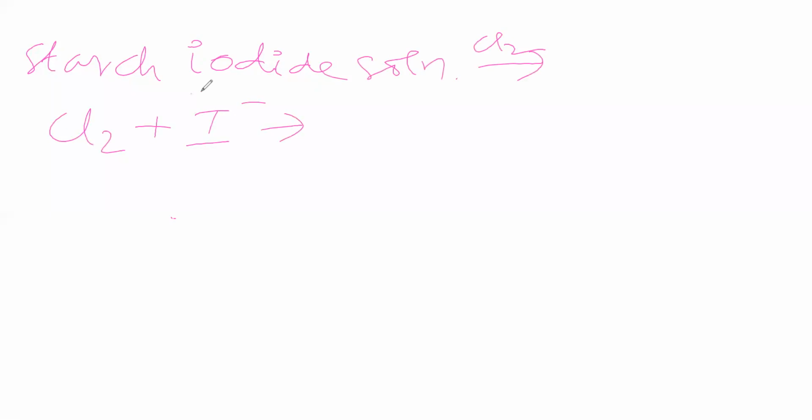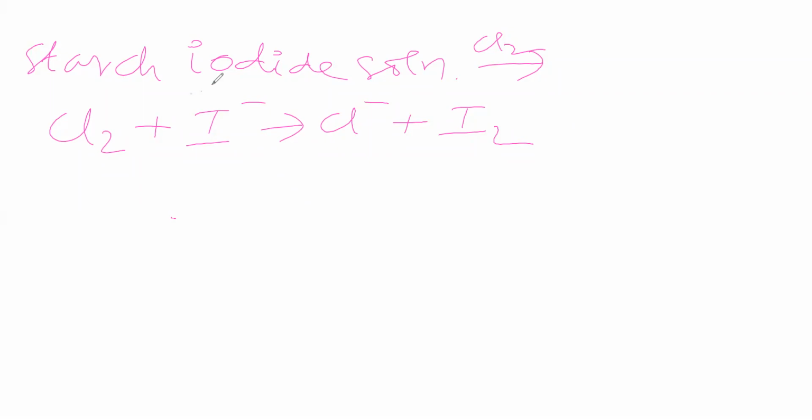Now Cl2 undergoes reduction to give Cl minus. I minus undergoes oxidation to give iodine. Cl2 undergoes reduction because its oxidizing power is high.